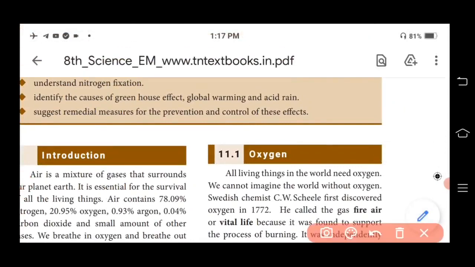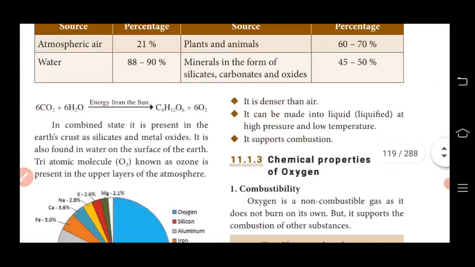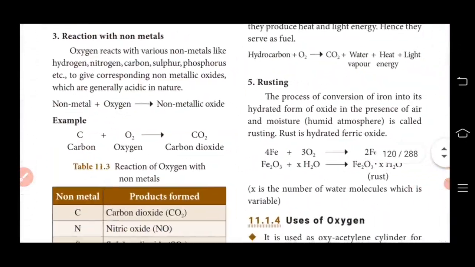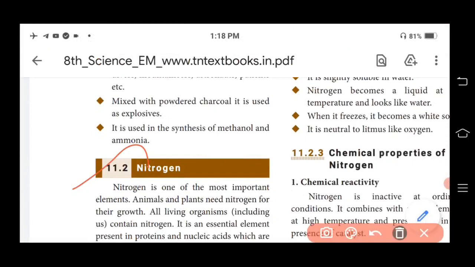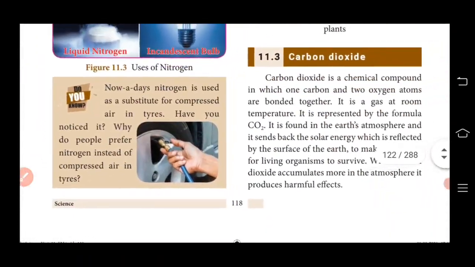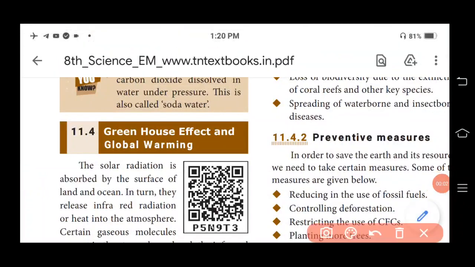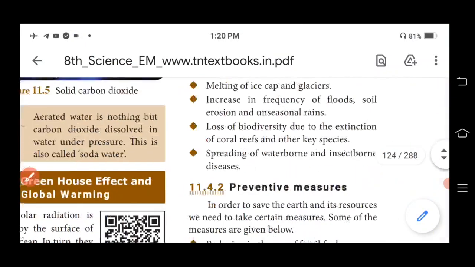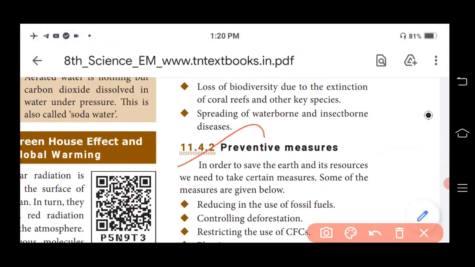You are going to learn 11.1 oxygen, 11.2 nitrogen, 11.3 carbon dioxide, 11.4 greenhouse effect and global warming, and then 11.4.1 and 11.4.2.